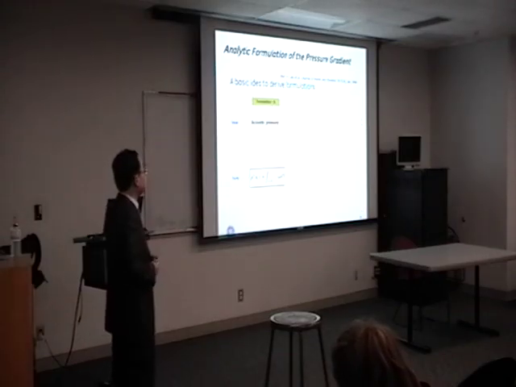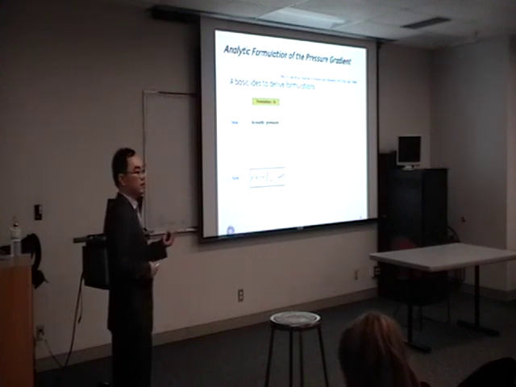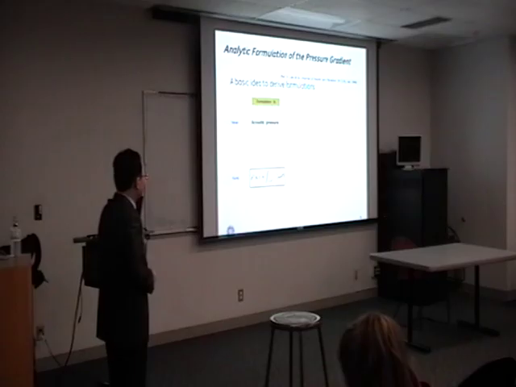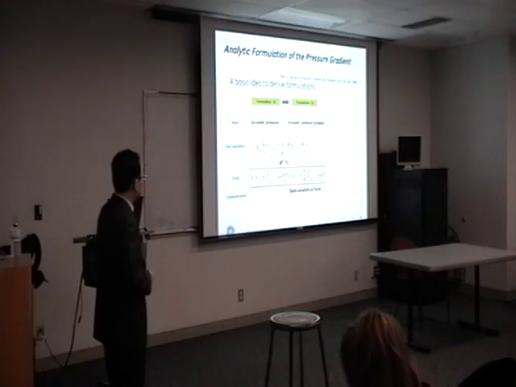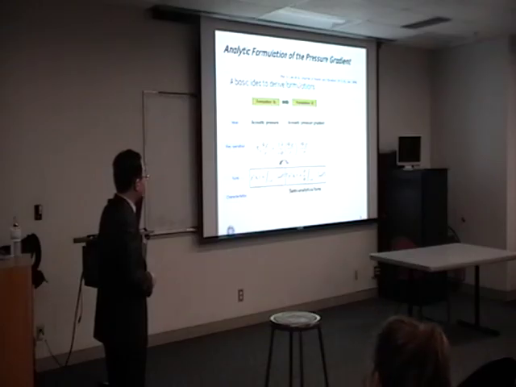So I went back to the previous work, the Ffowcs Williams-Hawkins equation and the Farassat formulations. This is again the Farassat formulation of acoustic pressure, and I used this conversion. The pressure gradient can be converted into an observer time derivative. So with that, I got the observer time derivative outside the integral.